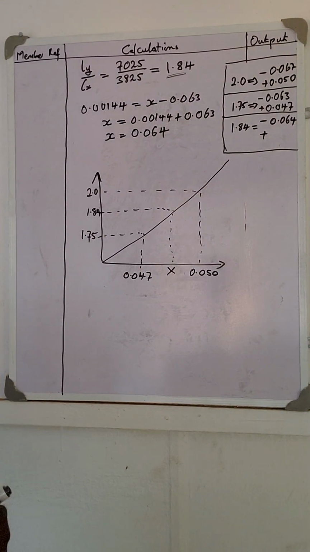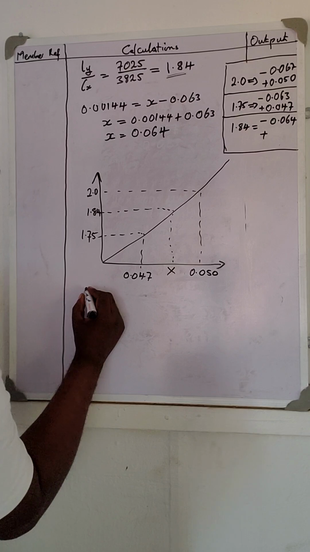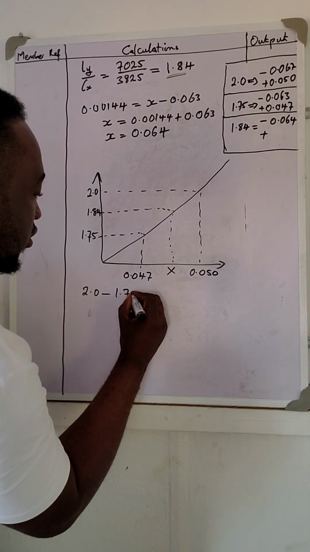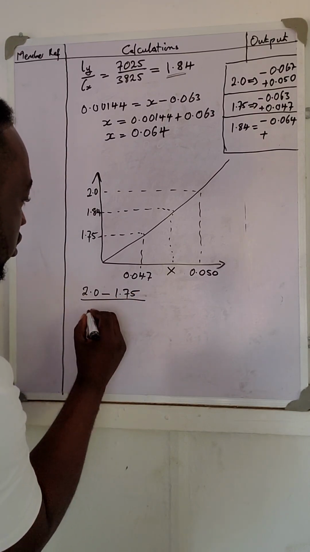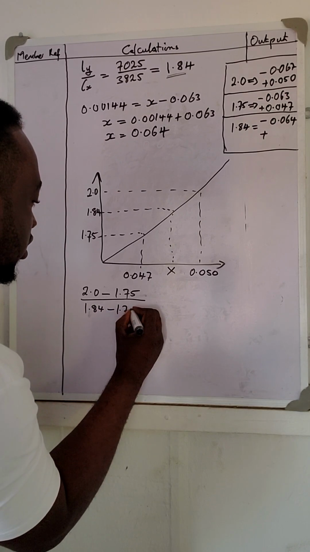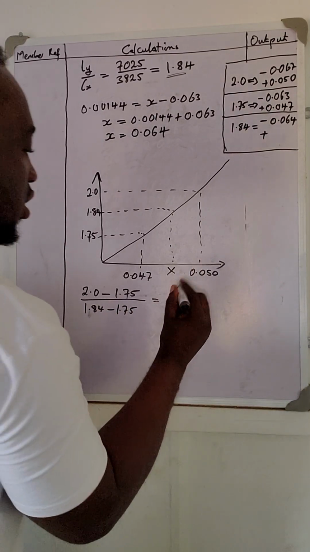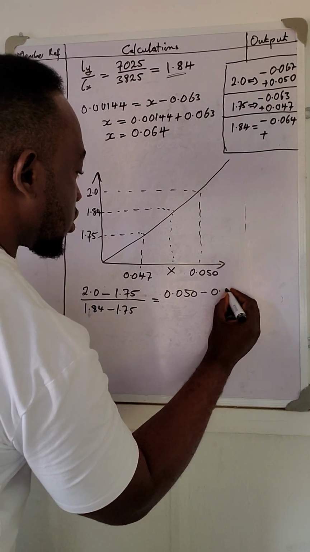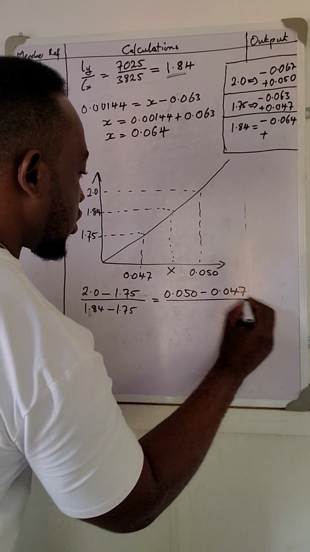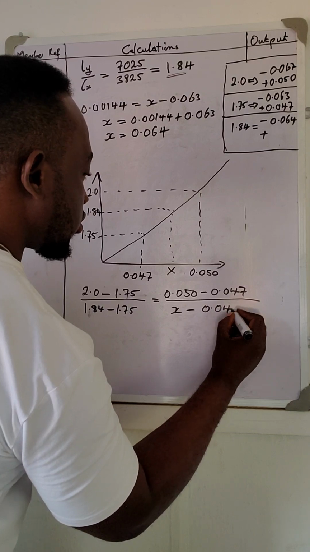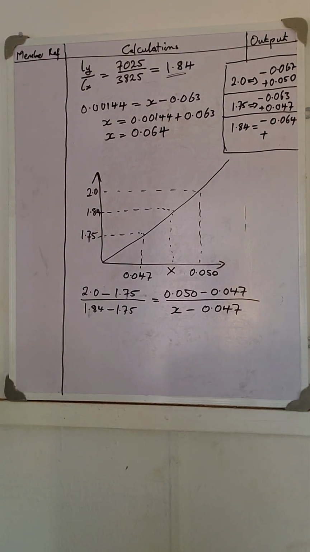The same thing will repeat. It is 2.0 minus 1.75 over 1.84 minus 1.75 is equal to 0.050 minus 0.047 over x minus 0.047. So we'll repeat the same process.